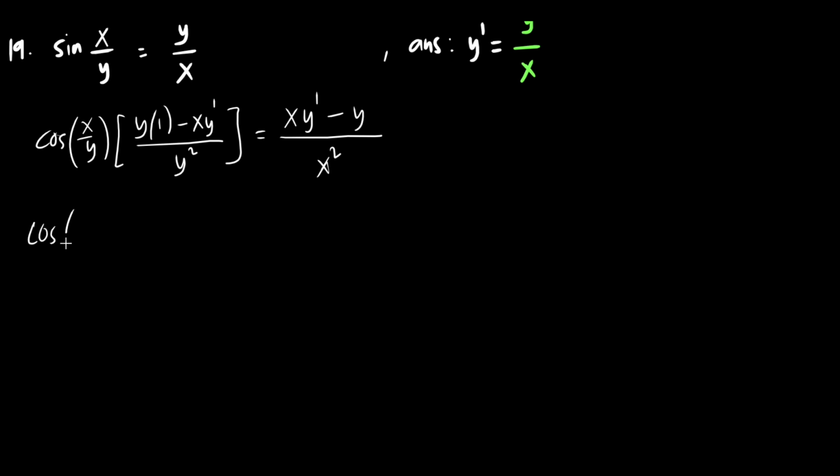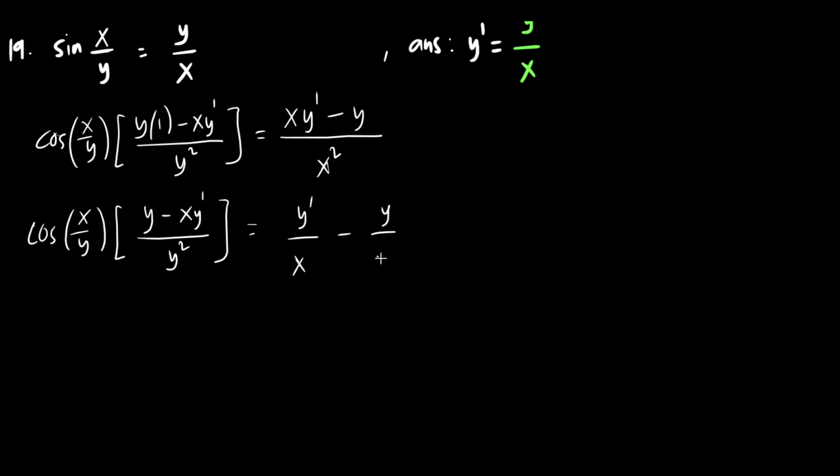So cosine x over y, y minus xy prime all over y squared is equal to x y prime. So we're now trying to isolate. So we have y prime all over x minus y all over x squared.